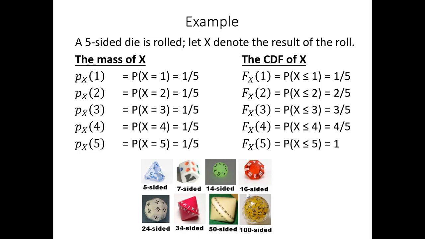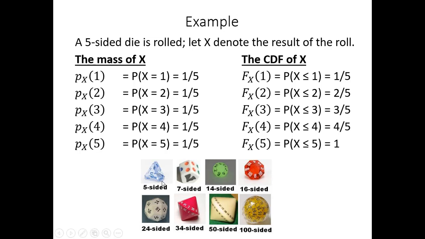Finally, let's take a look at another example, and we'll put together both the probability mass function and the CDF. So dice are always interesting for probability questions, and it's usually fun to think about some unusual types of dice.